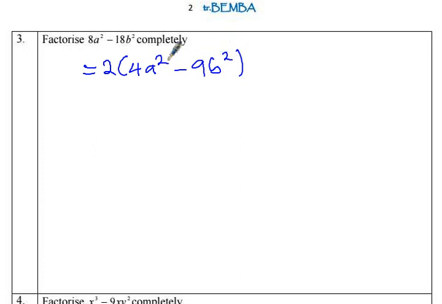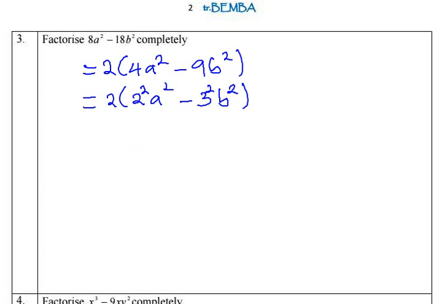squared. And when I look at the 2 numbers now, this is a square number, this is also a square number. So that makes me think about writing my next step as 2 into 2 squared a squared minus 3 squared b squared. All right.